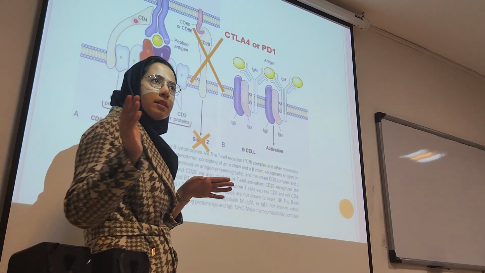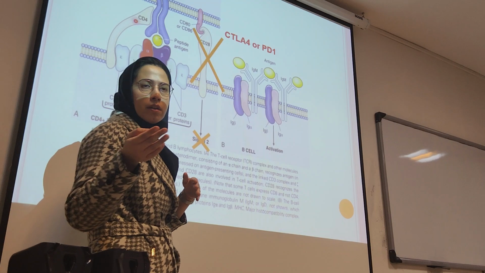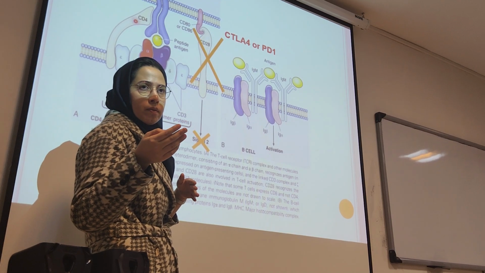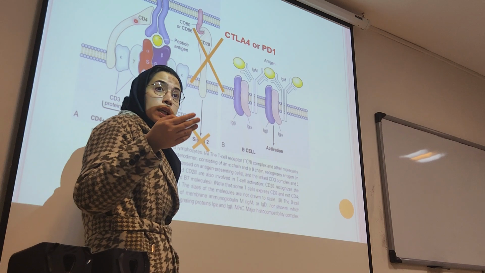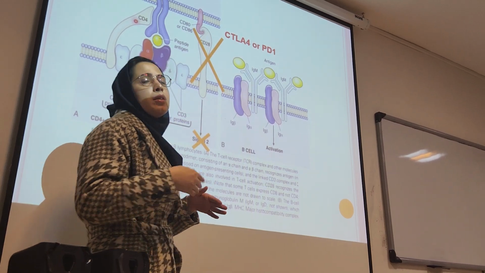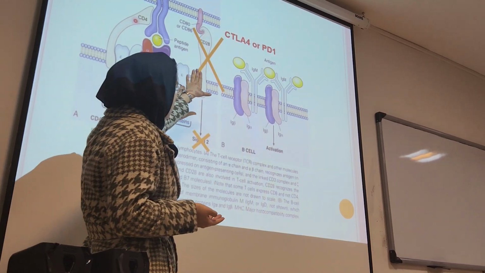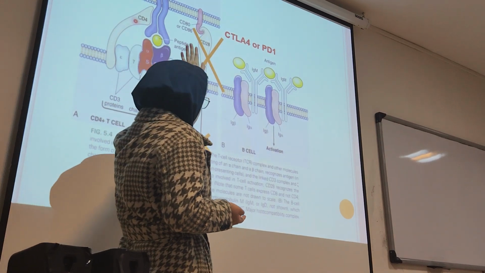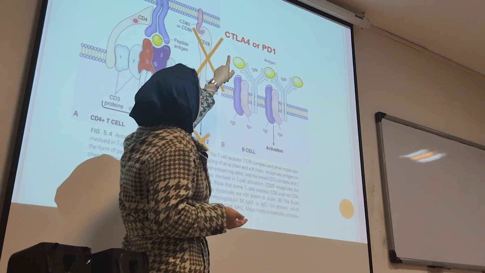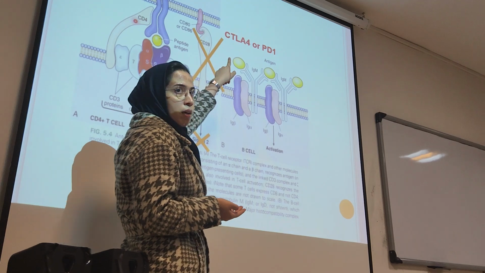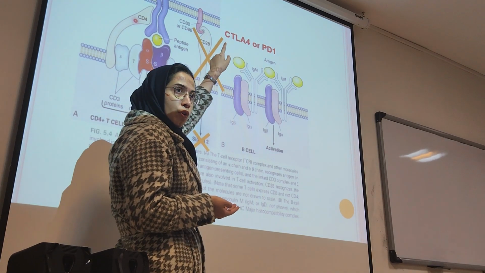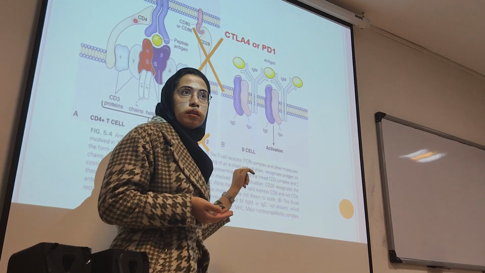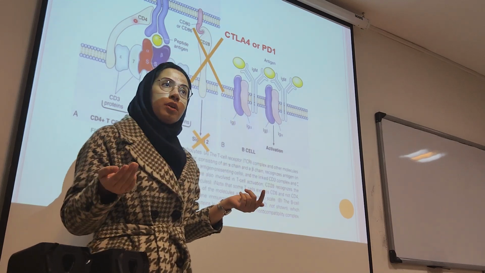In autoimmune disorders, we have activation of signal 2. And in immune tolerance, we have inactivation by presentation of CTLA4 or PD1 on the surface of T cells, which are inhibitory.